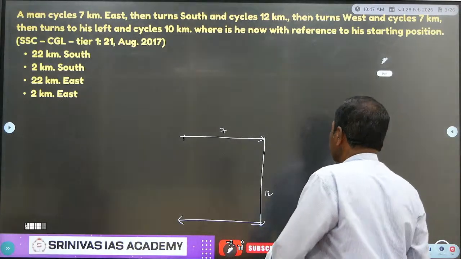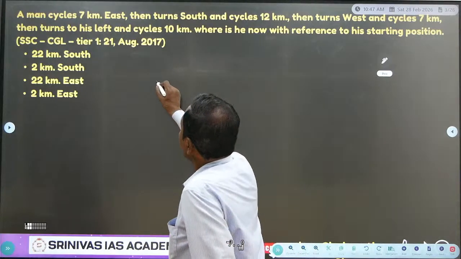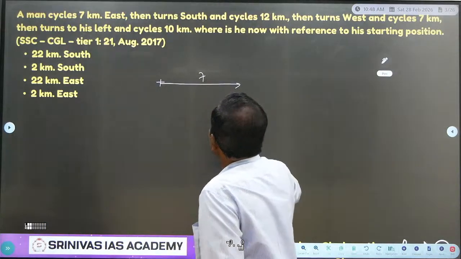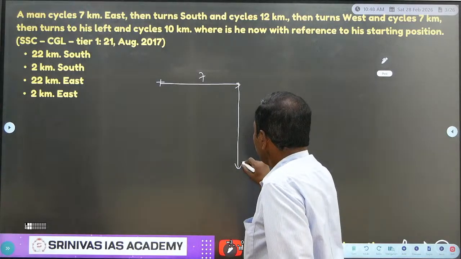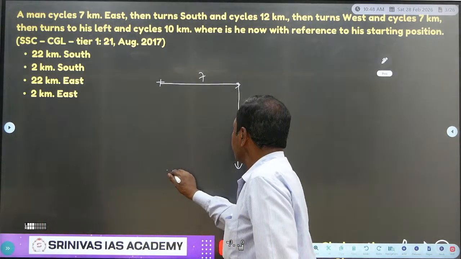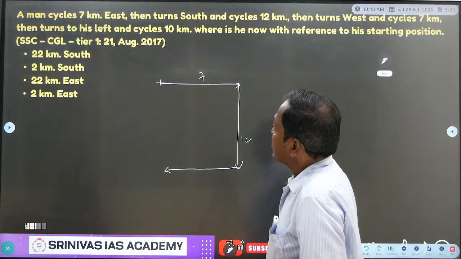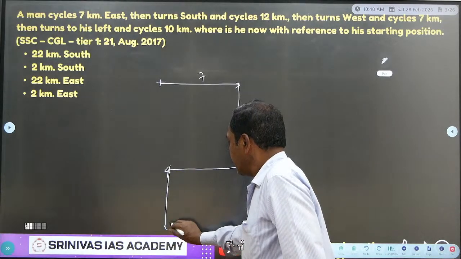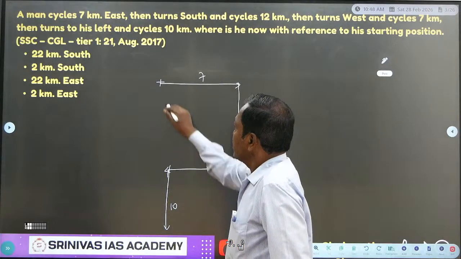I think the space is not sufficient, so we put one more. This is the starting point, 7 kilometers east and 12 kilometers south. Then 7 kilometers west, and turns left, downward, 10 kilometers. Where is he now with reference to his starting position?